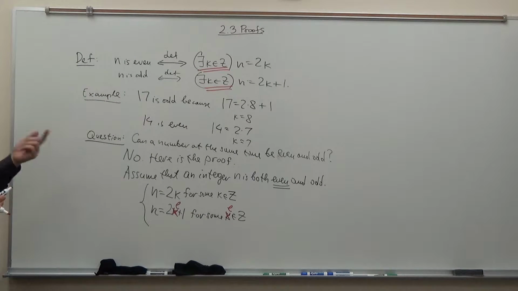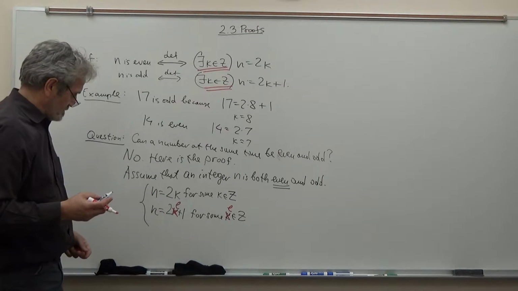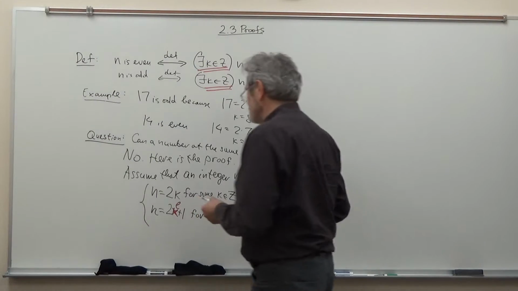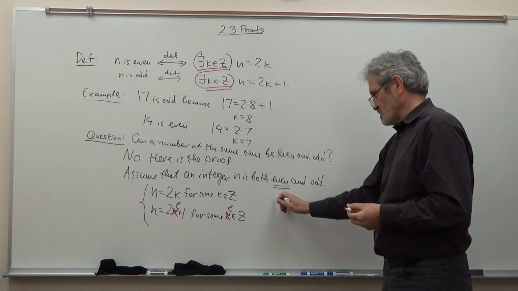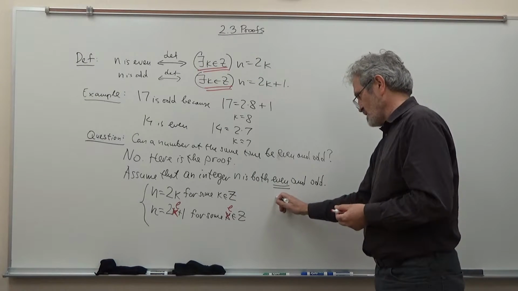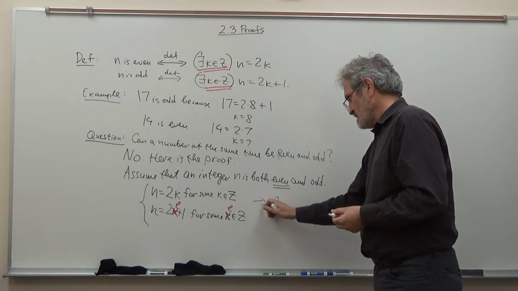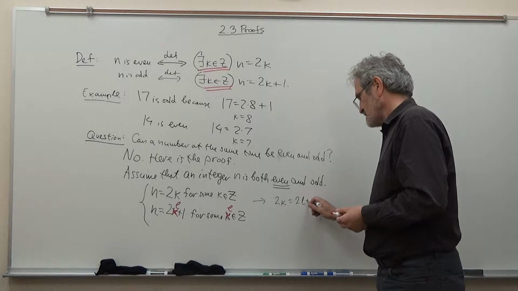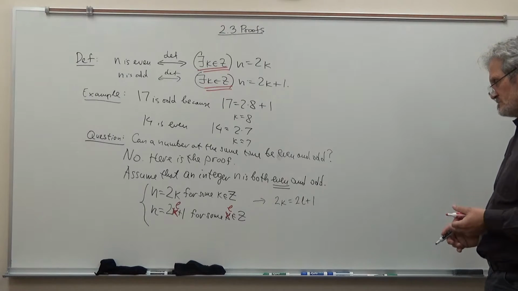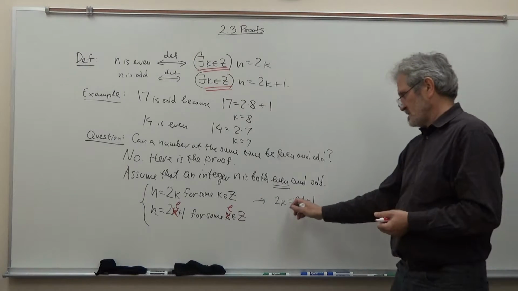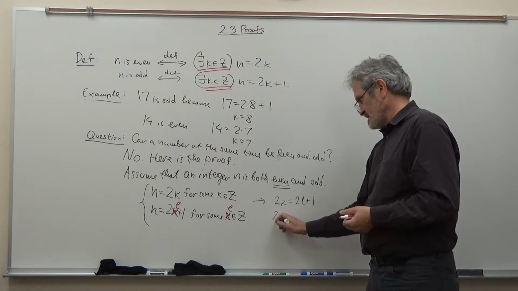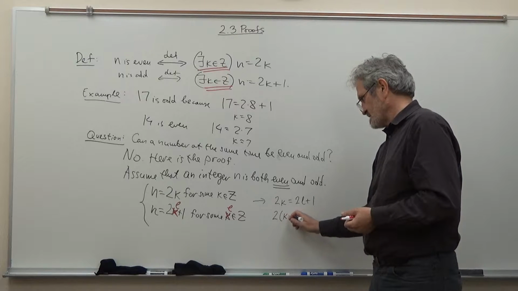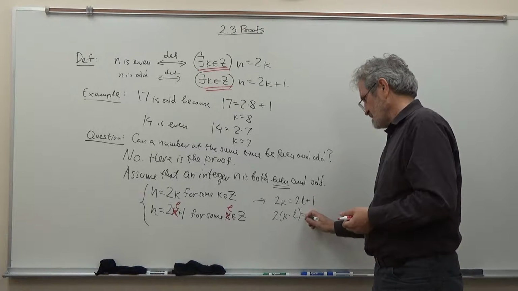And why can this not happen? Because I will compare these two lines and get the following. If n equals 2k and n equals 2l plus 1, that gives 2k equals 2l plus 1. Then, getting the even numbers on the left side, I get 2 times (k minus l) equals 1.